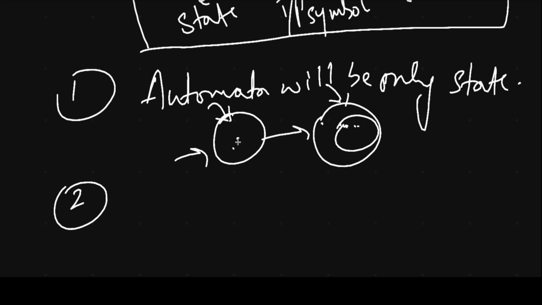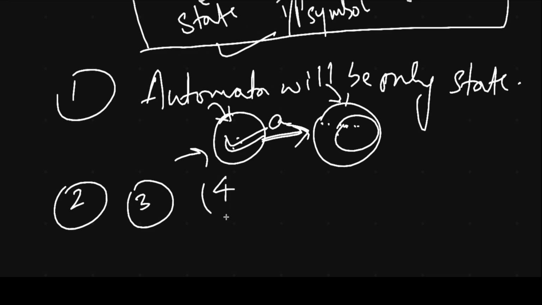For example, if we give A, the next state depends on these two arguments. Third, the transition function describes the change of state during a transition, which we studied here.